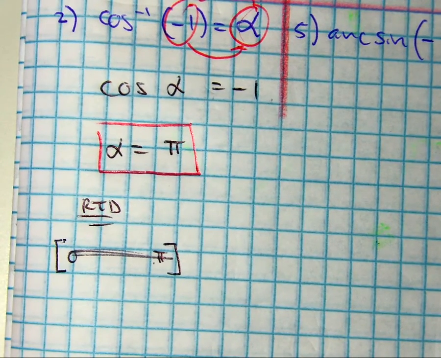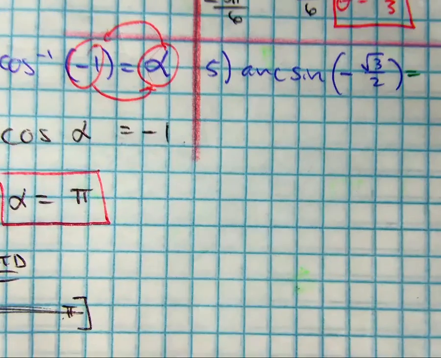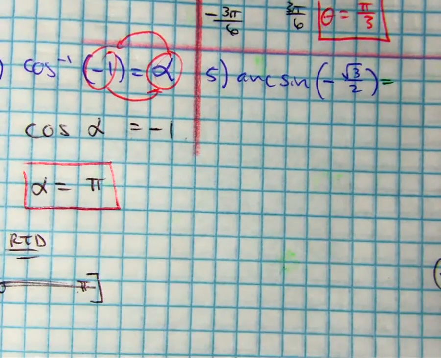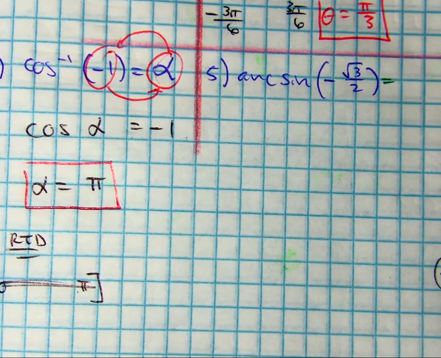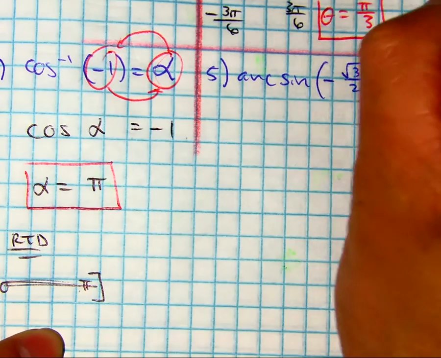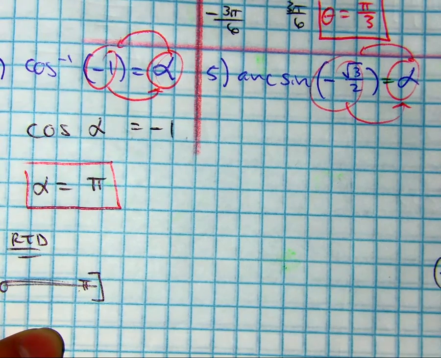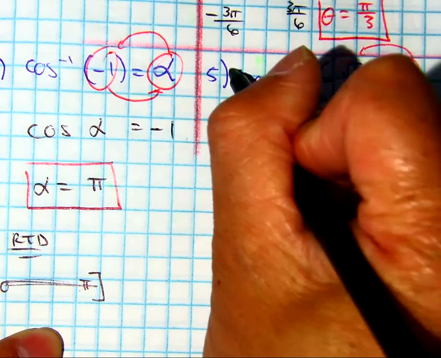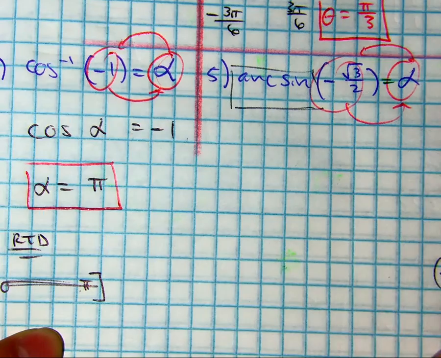Mary Grace, number 5. You don't have a choice. What do I do first? So the equation alpha. Now what? Switch. Mary Grace, what's another way of saying arc cosine? Inverse of sine.